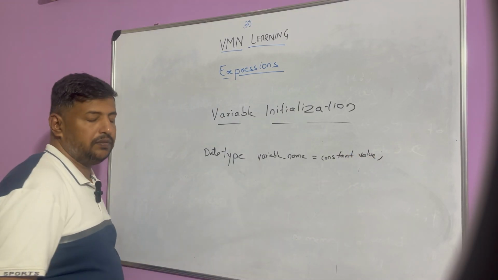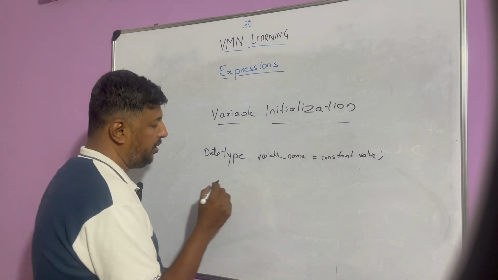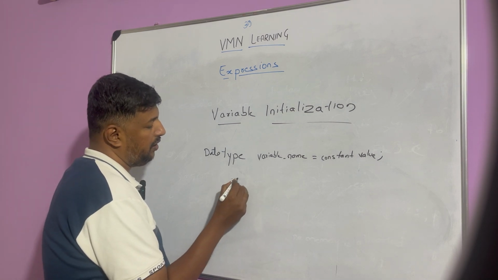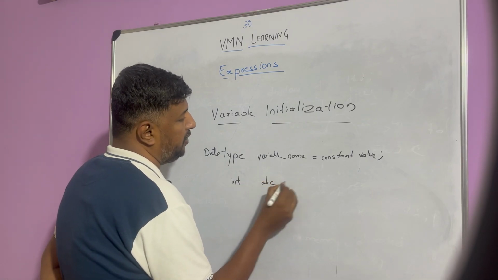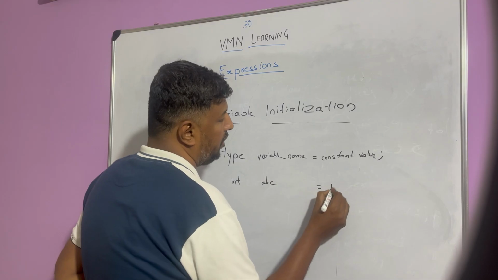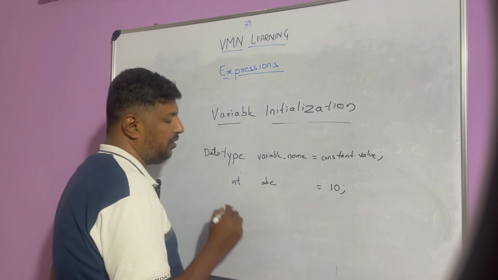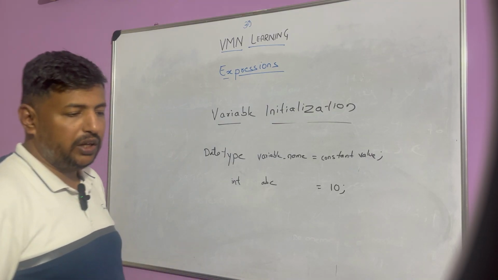This is the default. Okay, so for example, int abc is equal to 10. This is how variables are initialized.